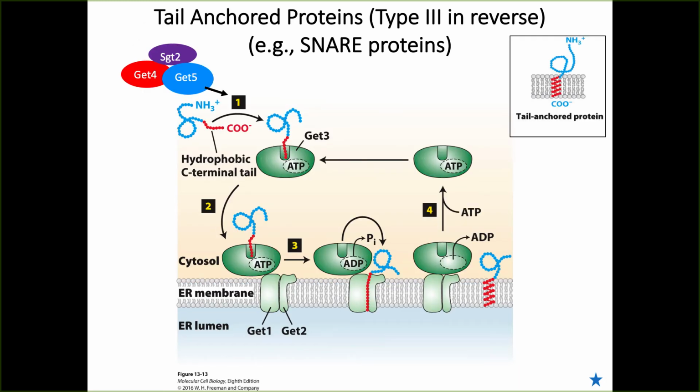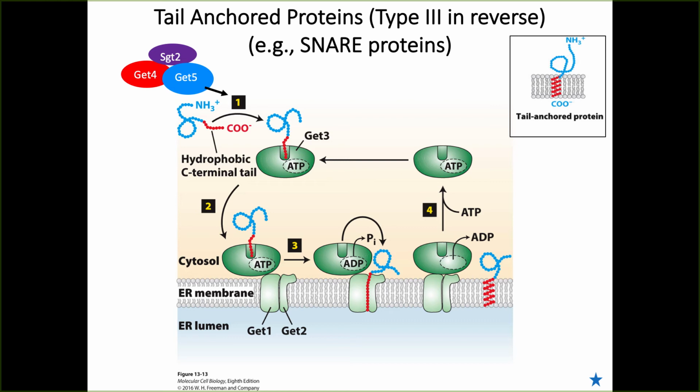Now here is a little bit more difficult one, which is tail-anchored proteins. This is type 3 in reverse, in the sense that here you have a C-terminal end anchored into the membrane. And why is this complicated? If you have an N-terminal or a middle sequence, there is no problem.